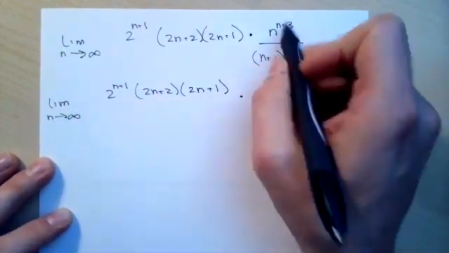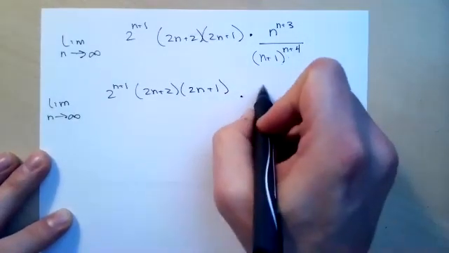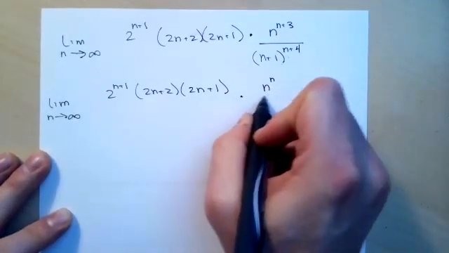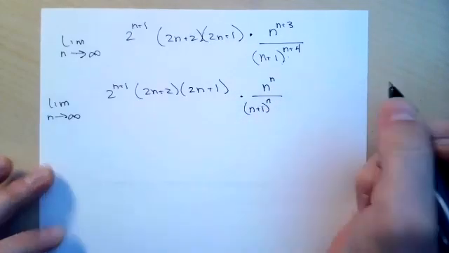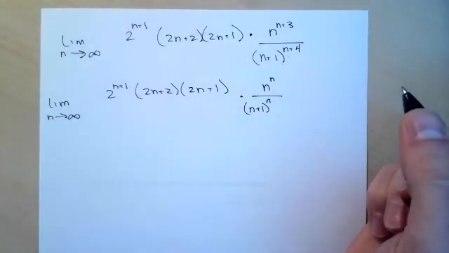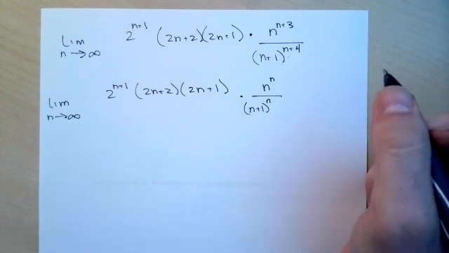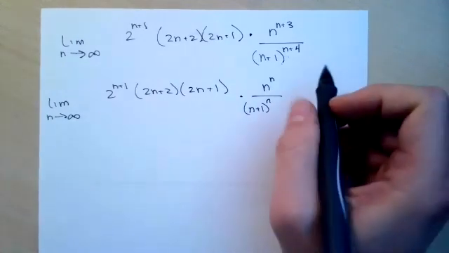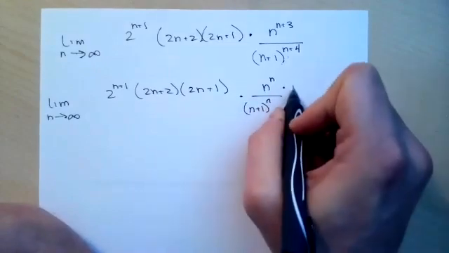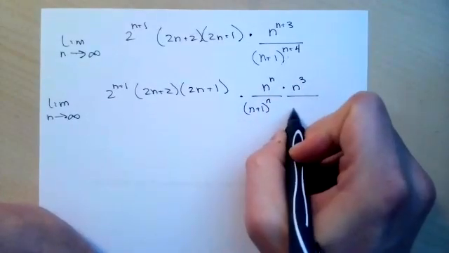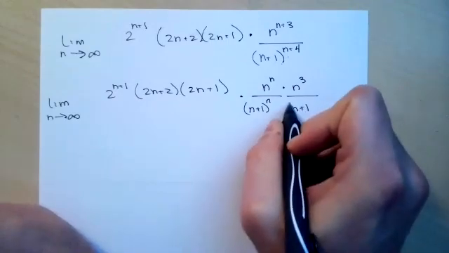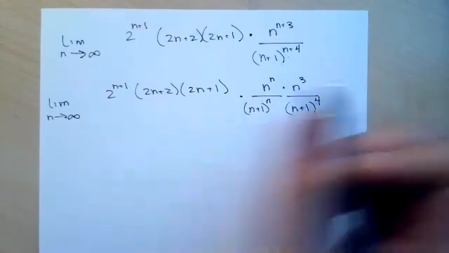Let's peel off these extra terms. So we have n to the n divided by n plus 1 to the n, times an n cubed over n plus 1 to the 4th.